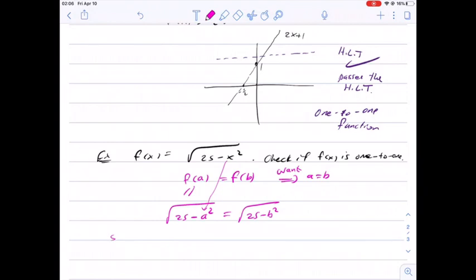And then we square both sides. By that we get rid of the square root. So we get 25 minus a squared equals 25 minus b squared.